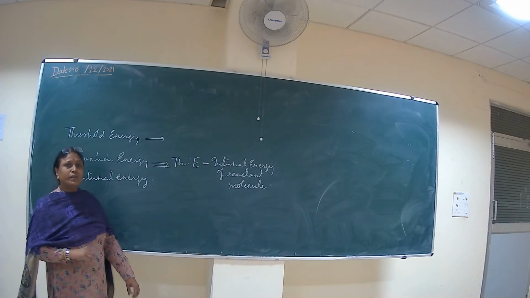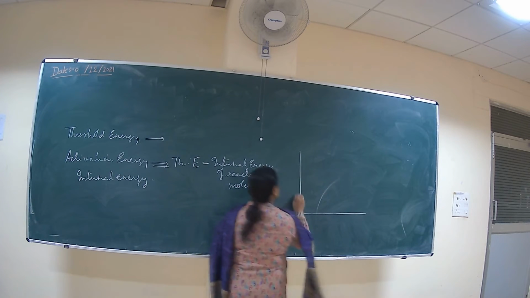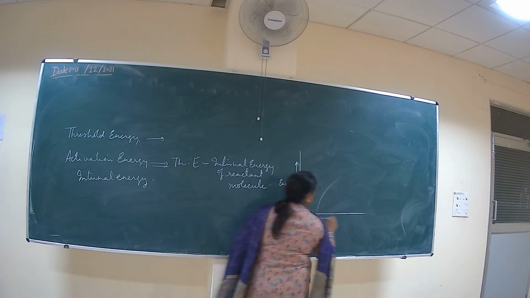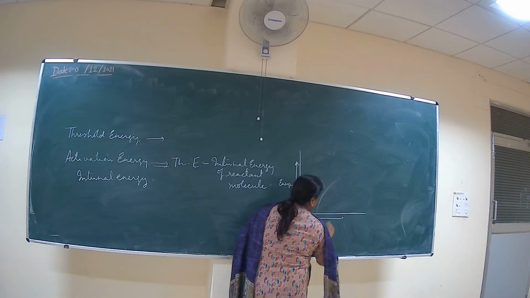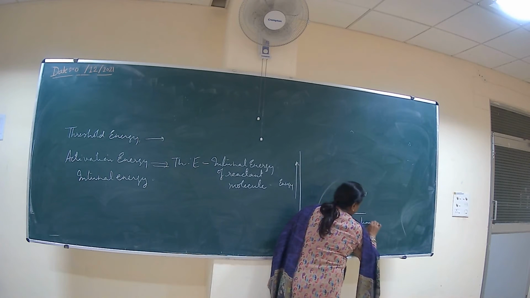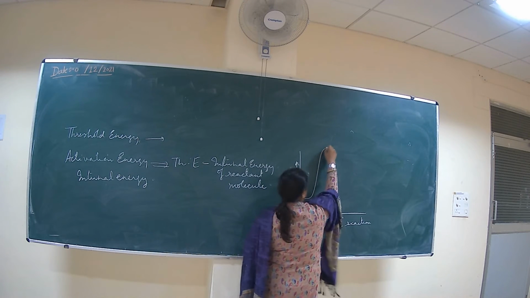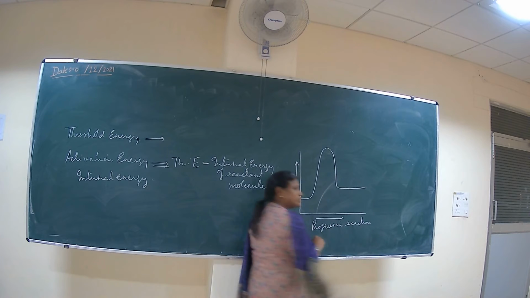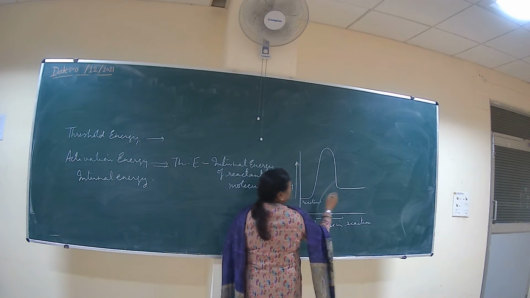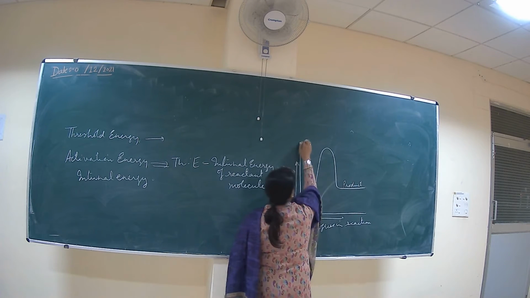So when we plot a graph between the energy versus the progress in the reaction, this is the energy coordinate and this is the progress in reaction. So such type of graph is obtained. Okay? This is for the reactant molecule and this is the product. And this is the energy barrier.